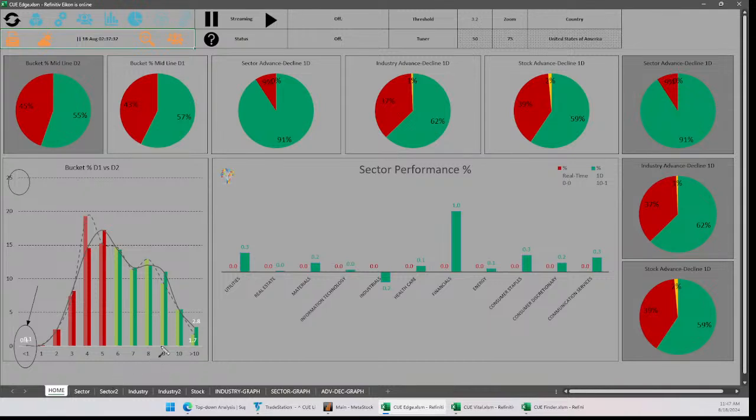A huge recovery. It is bullish. So 0.1% of stocks only below lower Bollinger Band, and bullish because 57% of stocks are above mid Bollinger Band. It is bullish, but it is not hugely bullish, just 57%, not like 80%, 90%.